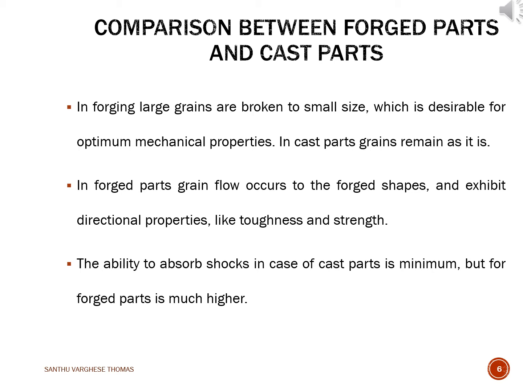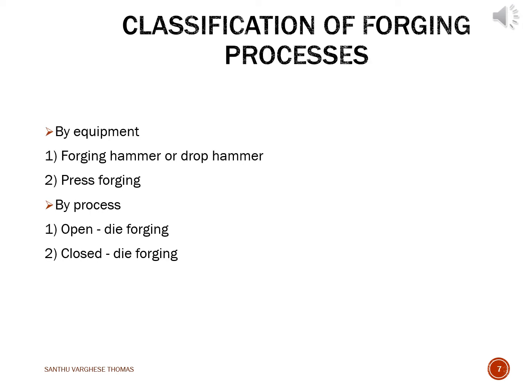So in summary, we can understand that due to the change in the grain shape, the mechanical properties and toughness and strength of forged part increases over the casted parts. What are the classifications of forging process?